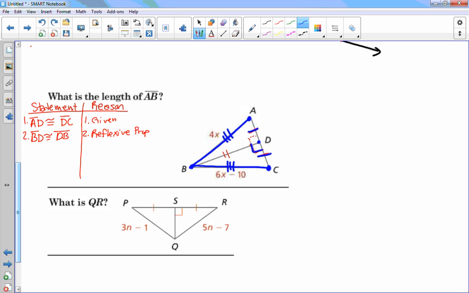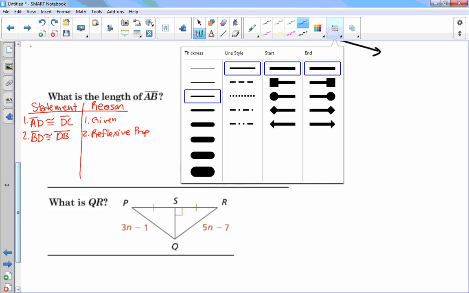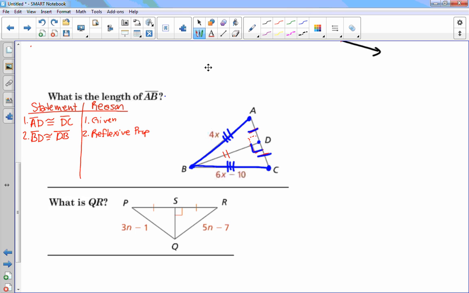That was the theorem. We can go a long way and prove it using all of our information about congruent triangles, or we can identify the perpendicular bisector. So now we know that 4x actually equals 6x minus 10. So what's the value of x?